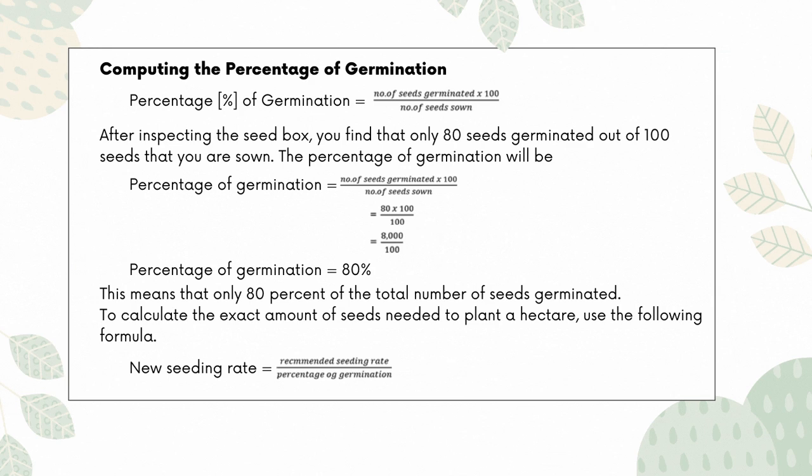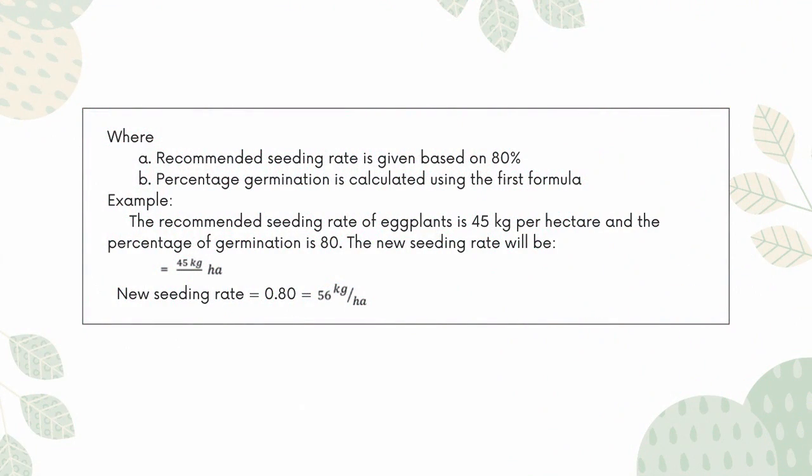To calculate the exact amount of seeds needed to plant a hectare, use the following formula. New seeding rate is equal to recommended seeding rate over percentage of germination, where A, recommended seeding rate is given based on 80%, and letter B, percentage of germination is calculated using the first formula.